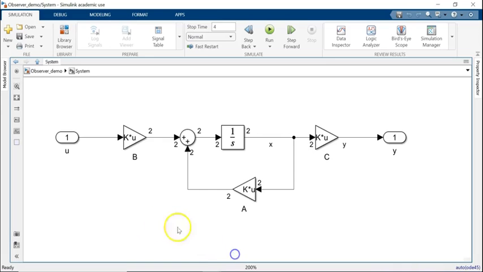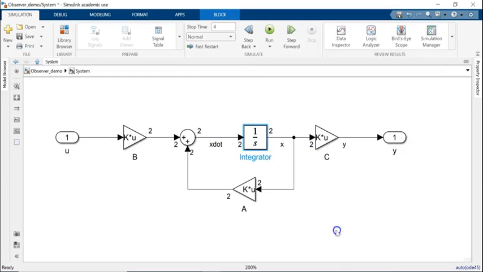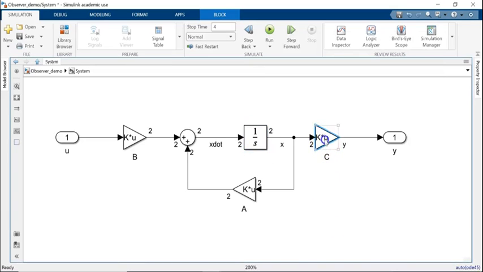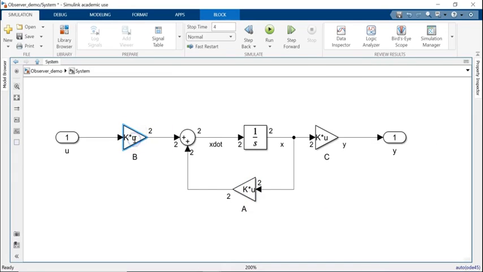And here is what I have. U times B, and this one here is x dot. You integrate it, and you have to pass to it two initial conditions. Here I use 1 and 1. This is the C matrix, this is the A matrix, and this is the B matrix.